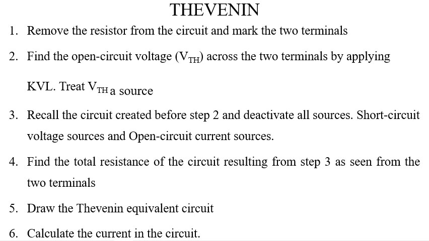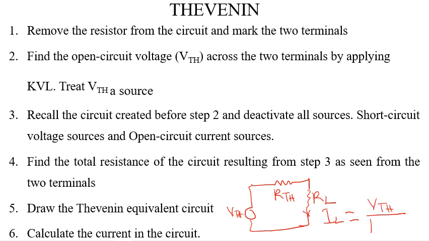The Thevenin equivalent circuit simply says that any linear network can be converted to a voltage source VTH in series with the Thevenin resistance RTH and the load resistor RL. So if we want to find the current passing through this circuit, the current through this branch, IL, is equal to VTH over RTH plus RL, because RTH and RL are in series.